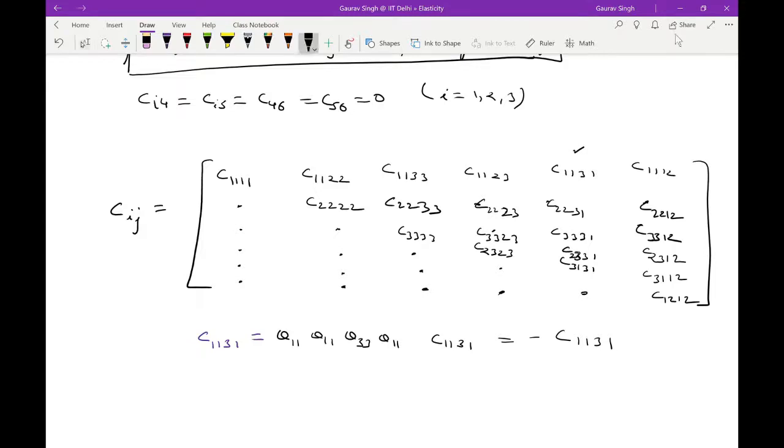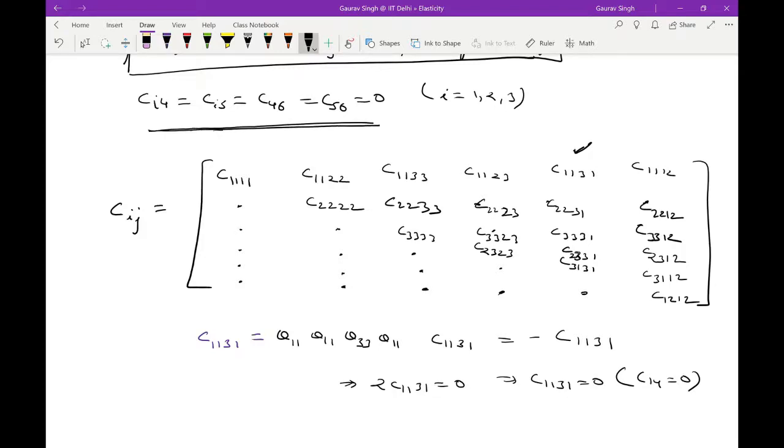So this would mean that 2 times C1131 is equal to 0, or C1131 is equal to 0, or C14 is equal to 0. Similarly, you will find lots of these values would be equal to 0, and this would be the exact same form which you had before. So out of 21, how many have become 0?